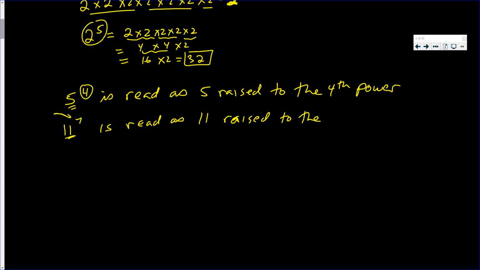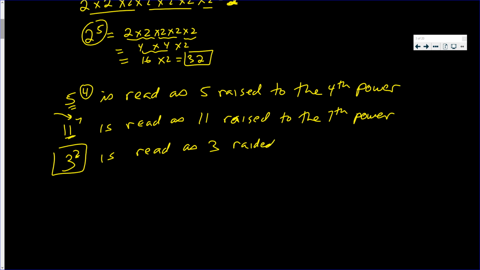And it's 7 times. So it's raised to the 7th power. Now, 3 squared, this symbol is read as 3 raised to the 2nd power.